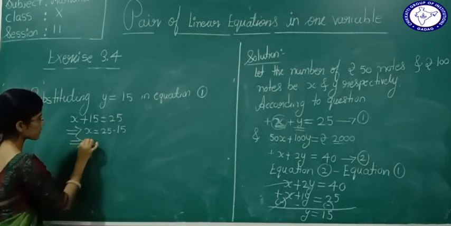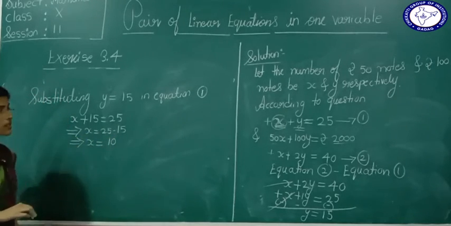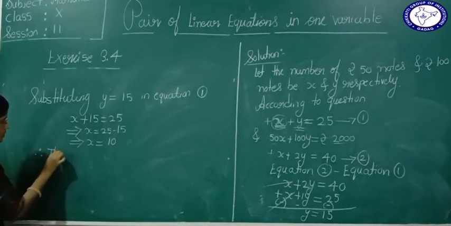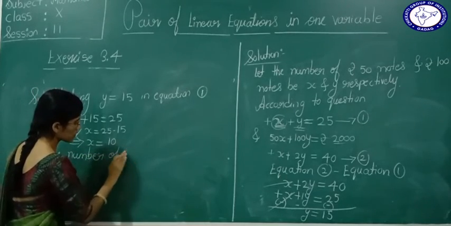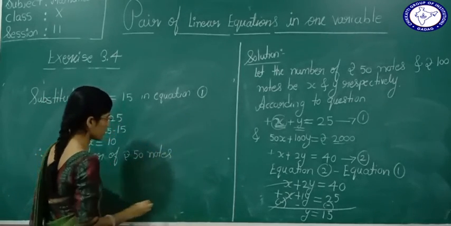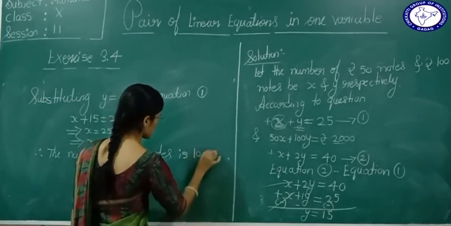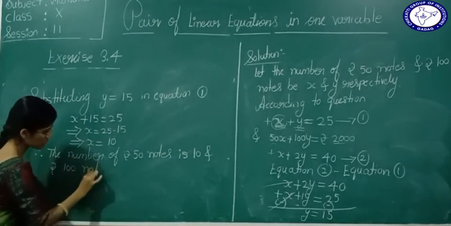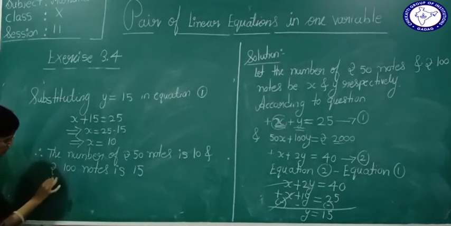What is 25 minus 15? It is 10. Therefore, we can say the number of rupees 50 notes is 10 and rupees 100 notes is 15.